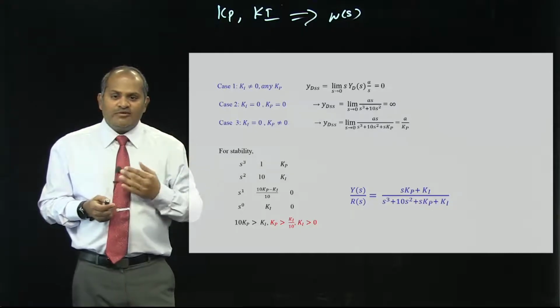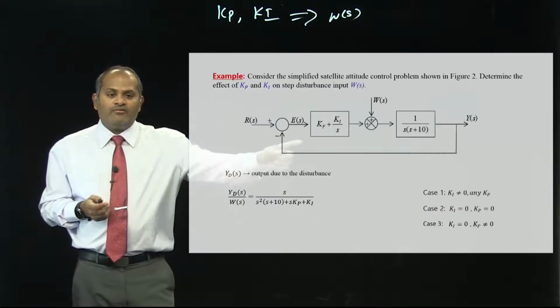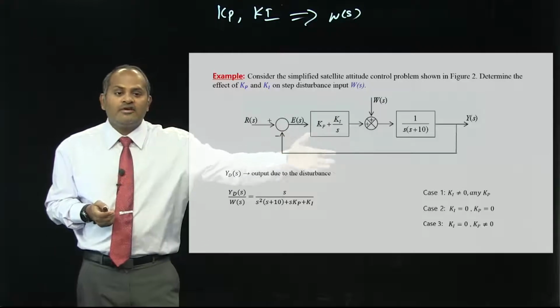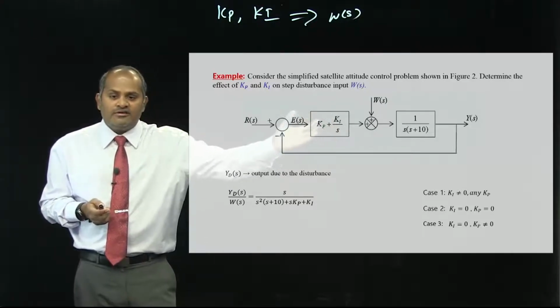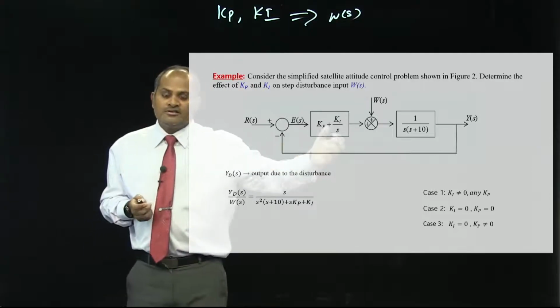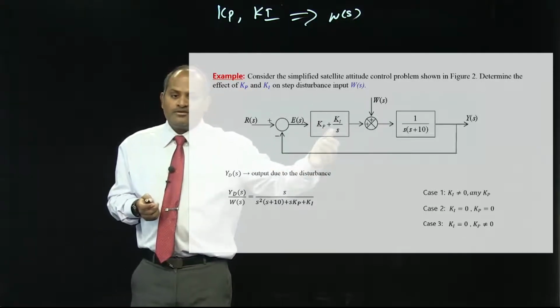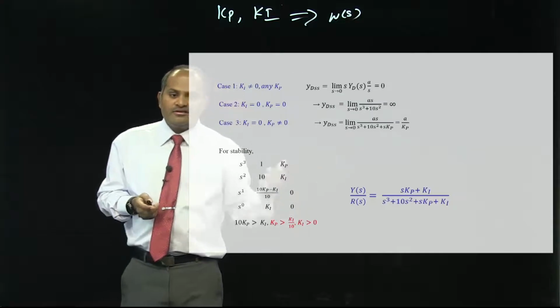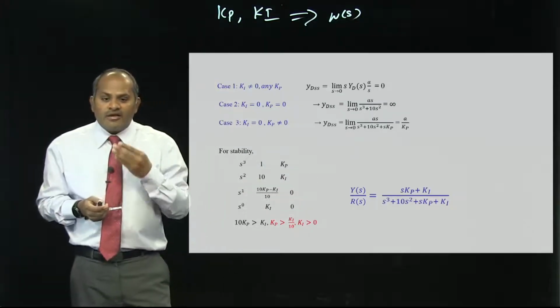From this we can understand what type of controller can actually give you a good steady state error, so that when you are designing simple controllers, you can analyze what gives you good performance. This kind of analysis will help us when we are designing.